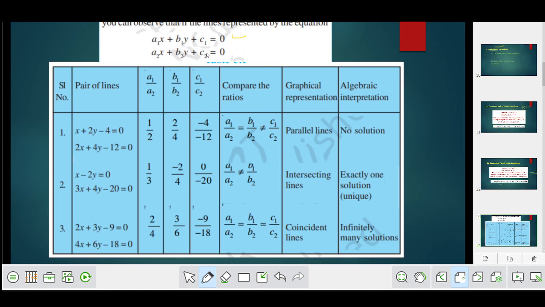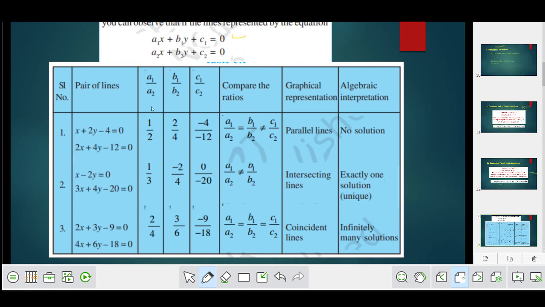Now if we fix these equations in our mind, then we can easily solve any equation, and we can define the nature of the equation.